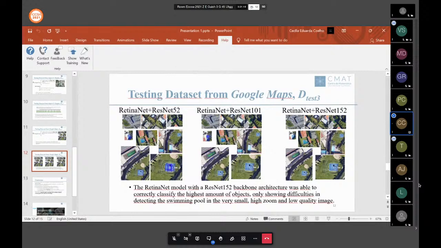And the model with a ResNet 50 is fooled by the blue basketball court. Also, the RetinaNet with the ResNet 50 and the ResNet 101 have difficulties when the images are poor quality, even when the swimming pools are perfectly normal, blue and rectangular shaped. The model with the ResNet 152 only has difficulties in very small images.